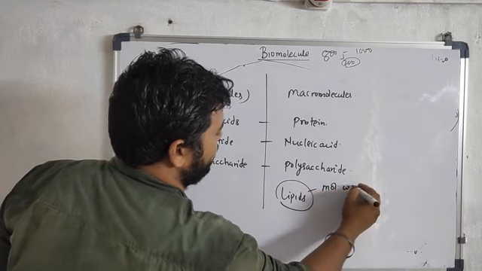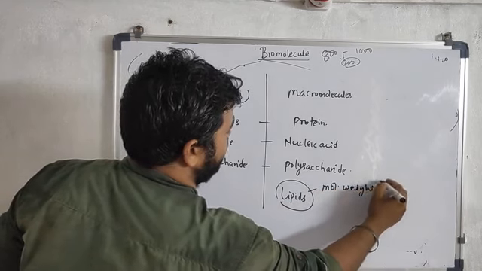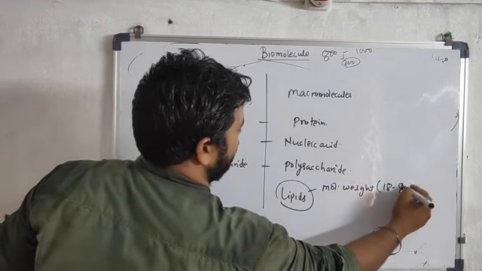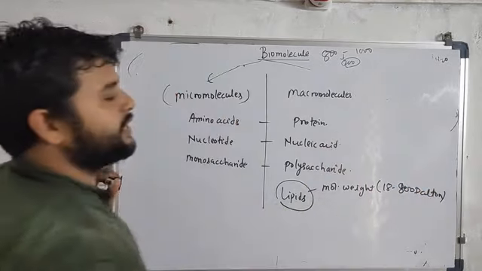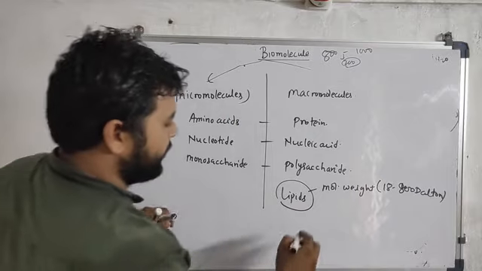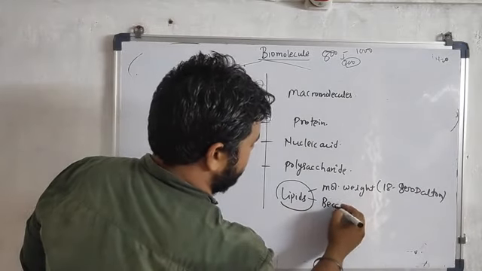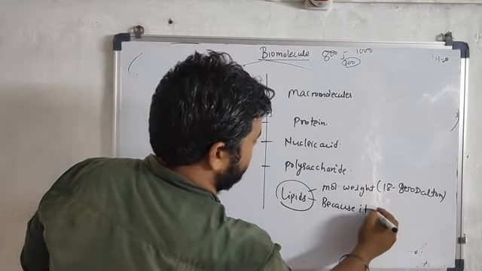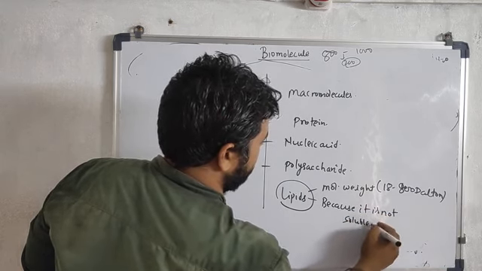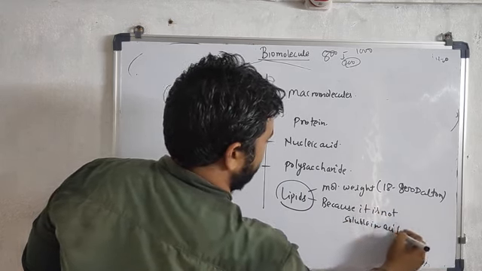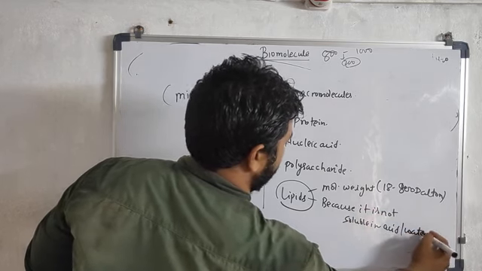Its molecular weight, no doubt, is between 18 to 800 Dalton, but it is considered to be present in the macromolecule section because it is not soluble in acid or water.